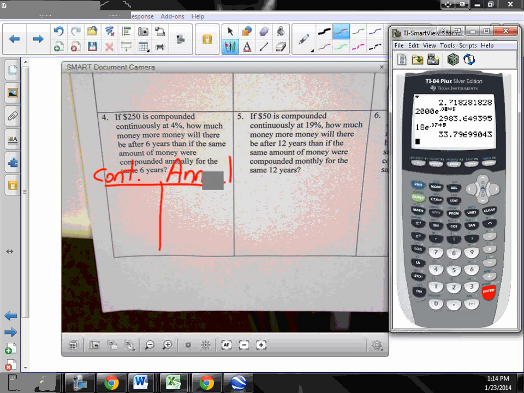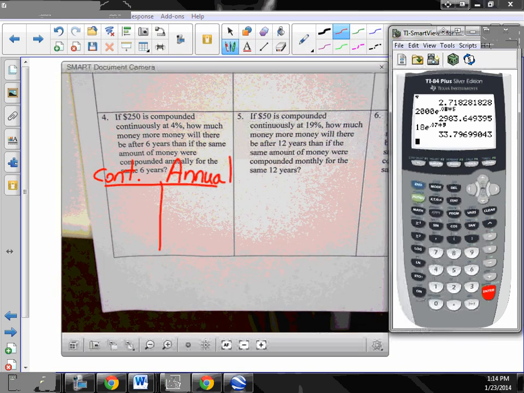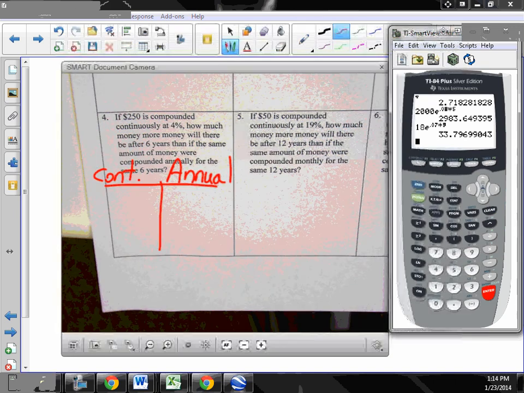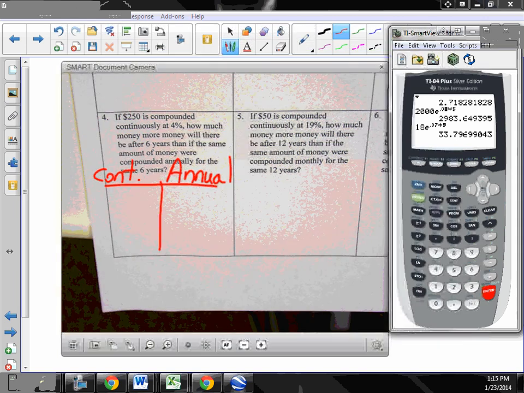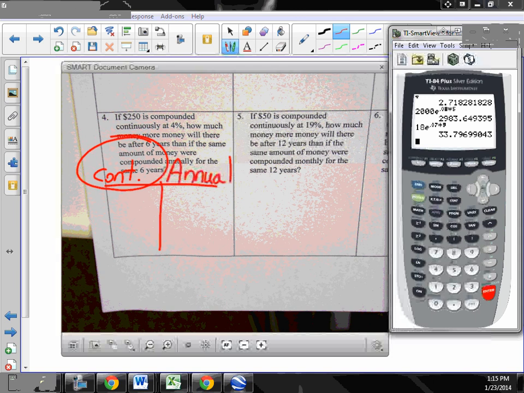Which one's going to be bigger? Continuous will be bigger. In order for the calculator to not be accurate, you need to do like every second. So we should be fine. So this one's going to be bigger. The question is asking how much bigger. That's what we're trying to find.